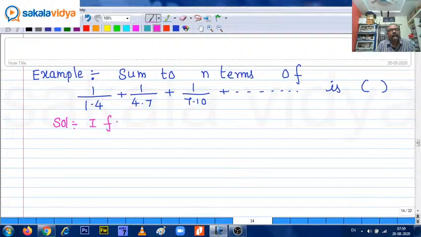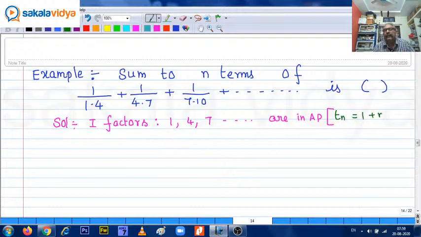What are the first factors? 1, 4, 7 are in arithmetic progression. So in this case, first let us find the nth term, Tn. A means 1, plus n minus 1 into D. D means 4 minus 1, which is 3. This is 3n minus 2.